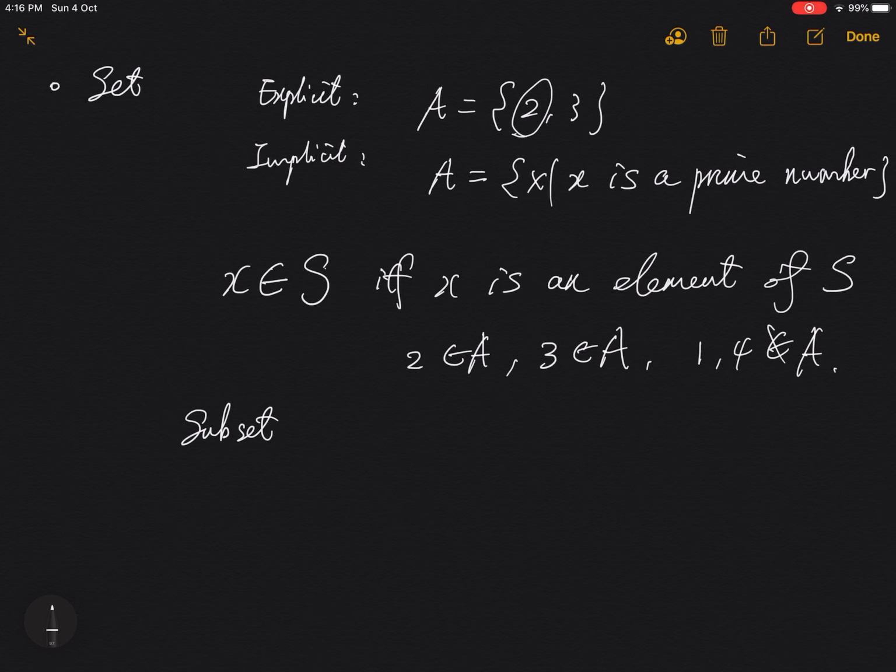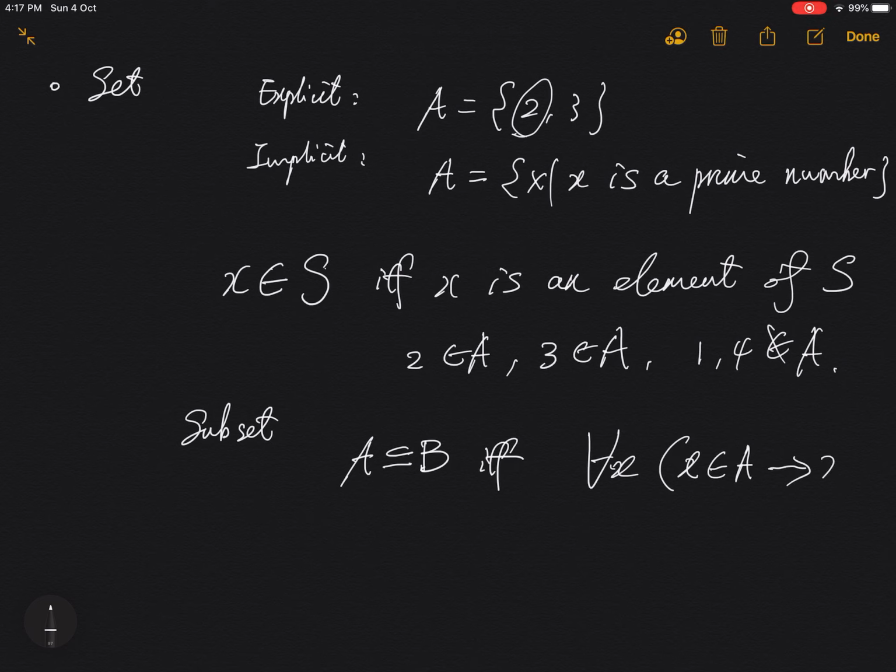We say a set A is a subset of the set B, if and only if every element of A is also an element of B. Okay, we can say for all X, if X belongs to A, then X also belongs to B. So that's the definition of subset.